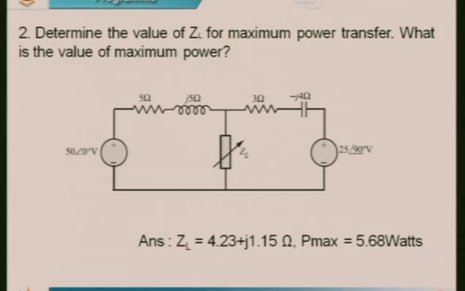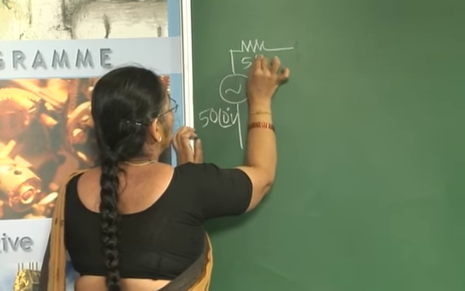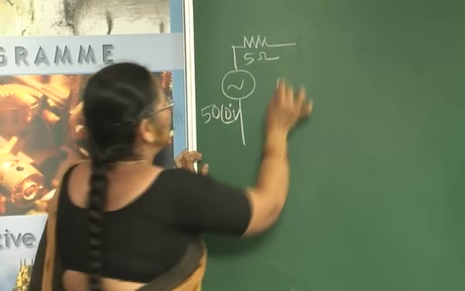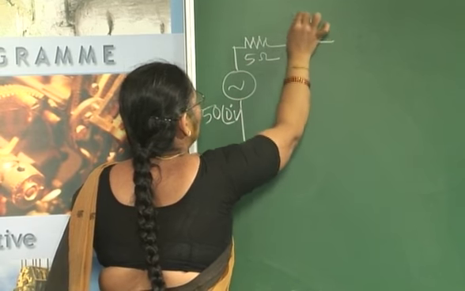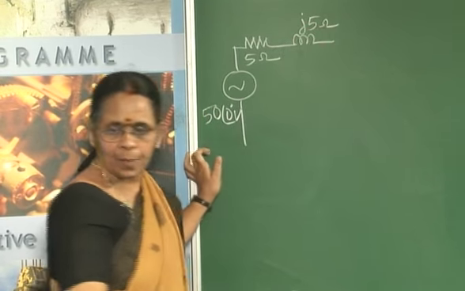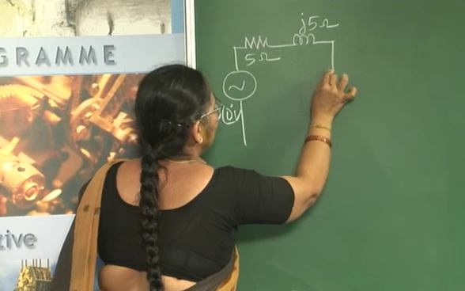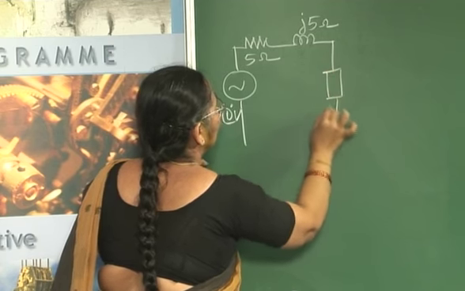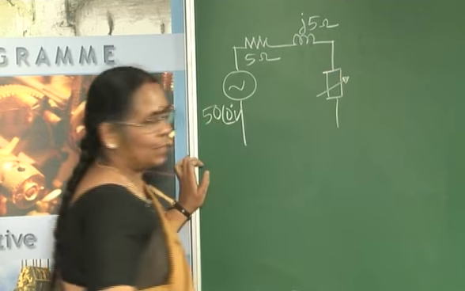In case of the AC circuit, which is the second condition, we have the circuit with 50 at an angle 0 volts. Then I have a 5 ohm resistor in series with J5 ohms reactance, and ZL is connected between these 2 points.